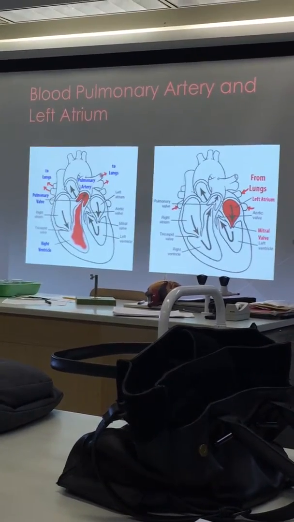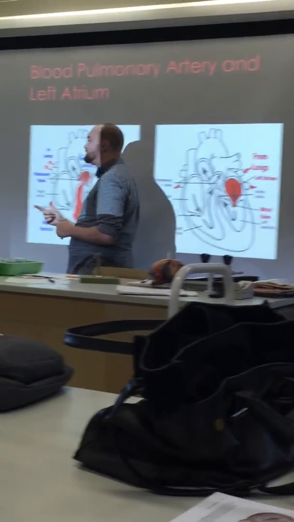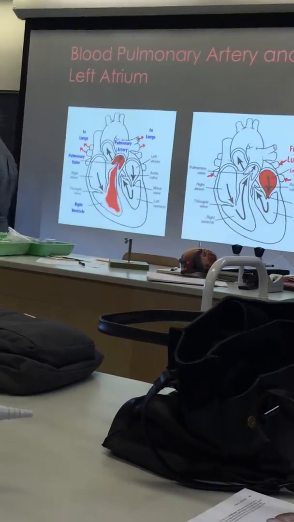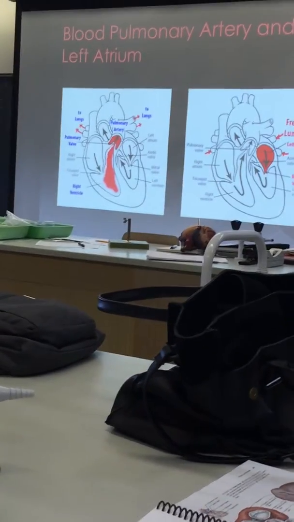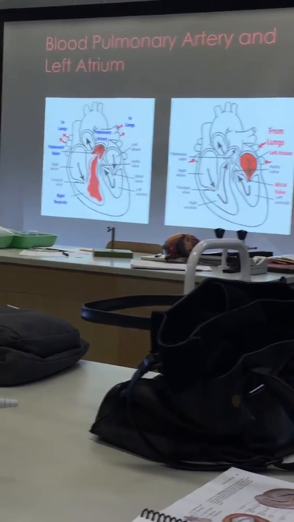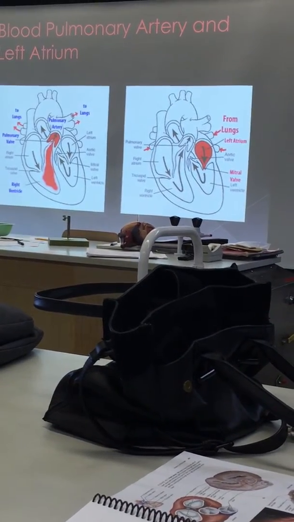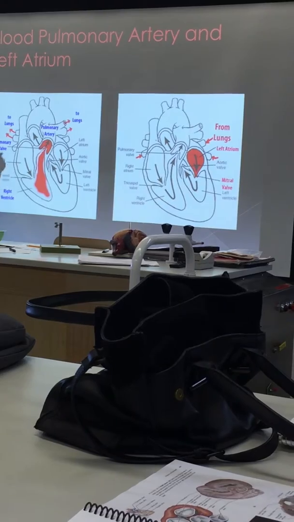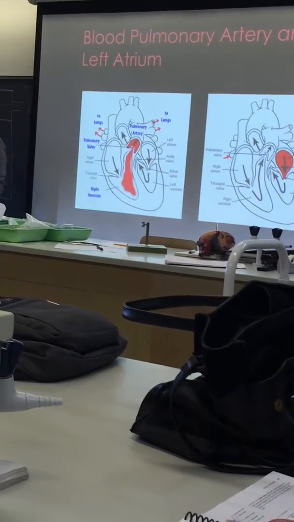And then pulmonary arteries comes after that. So pulmonary valve, pulmonary trunk, pulmonary arteries. And the pulmonary arteries are going to take the blood out to the lungs.